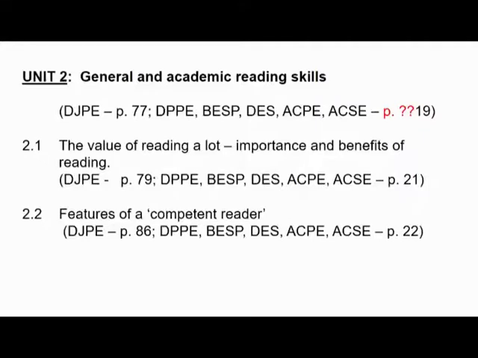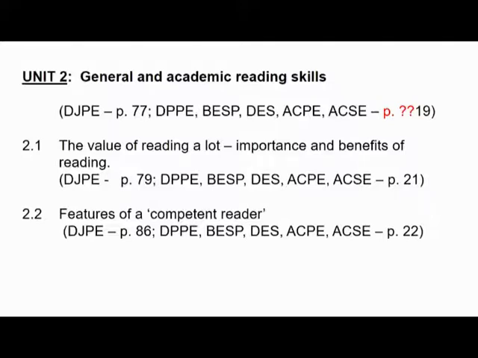In Unit 2, we concentrate on the general and academic reading skills. Now, it's not listening anymore, it's now reading, eyes. There the DJPE students will find it on page 77, while the other students will find it on page 19. In Unit 2, you will find the value of reading a lot, the importance and the benefits of reading, which is very important.